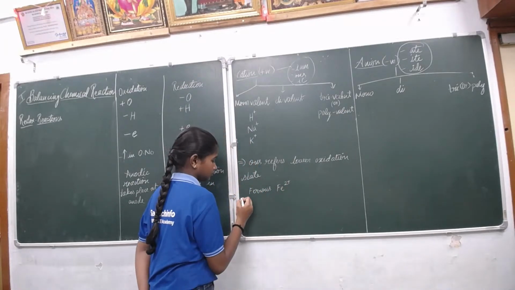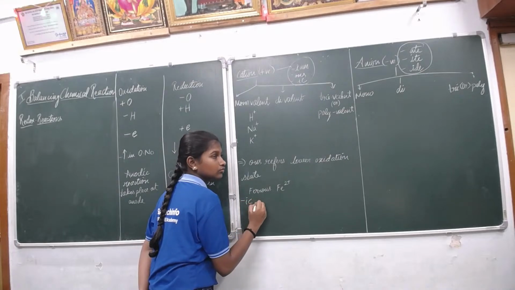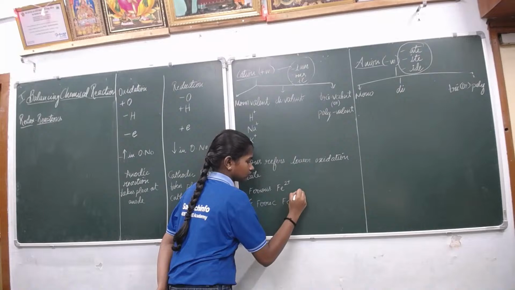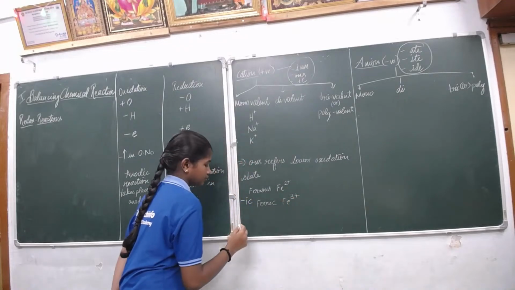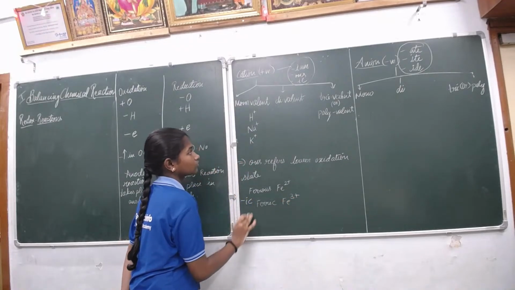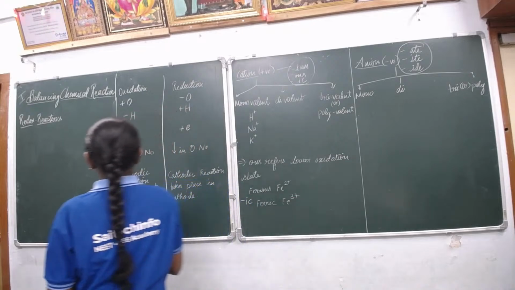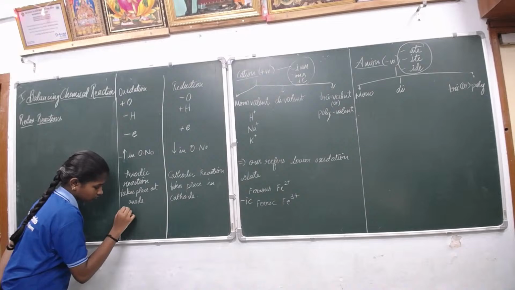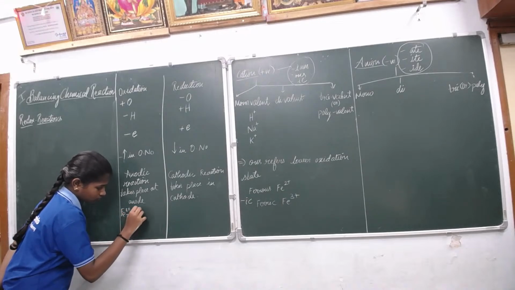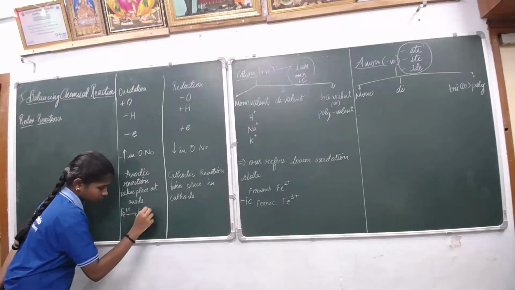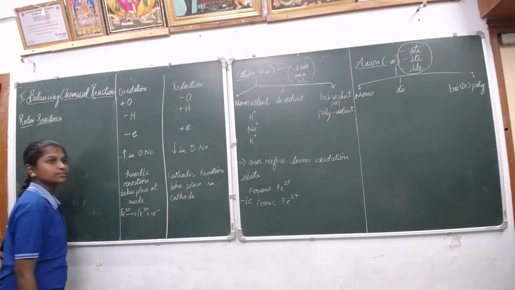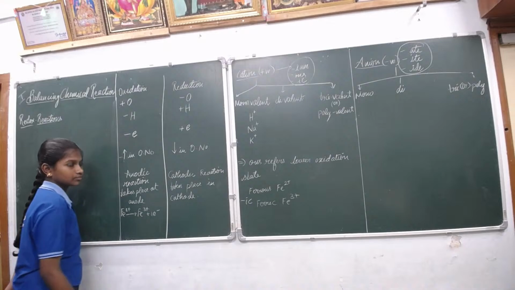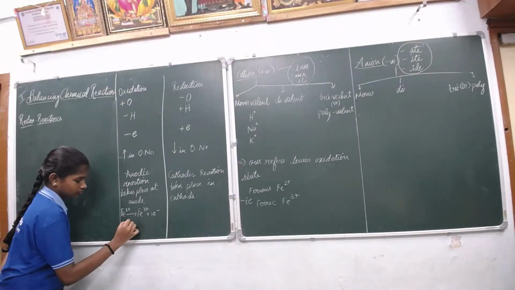Nowadays, this ferrous ion is called Fe, put Roman numeral 2, ion. That is lower oxidation state.